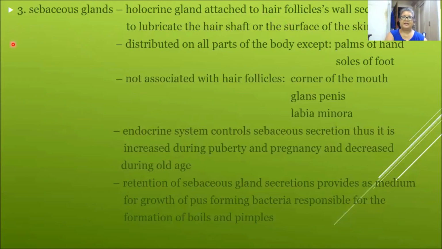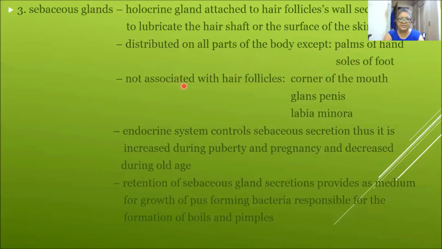Now the sebaceous gland is distributed to all parts of the body except the palms of the hand and the soles of the foot. If you will remember, there is no hair in this part of the body, and there is no sebaceous gland also.